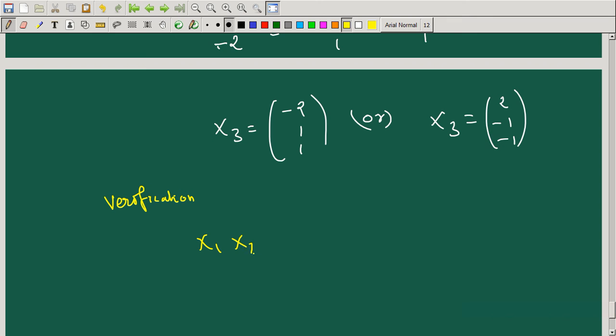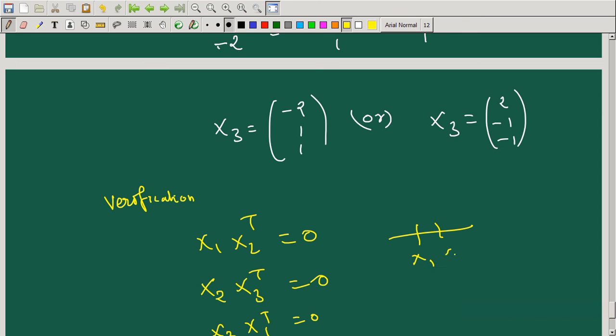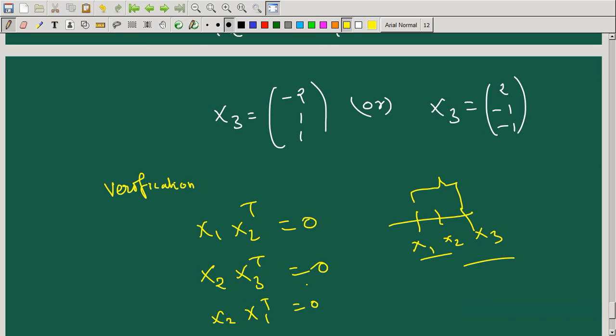That is, x1 into x2 transpose is equal to 0, x2 into x3 transpose is equal to 0, and x1 into x3 transpose is equal to 0. Check any two conditions. So you can do verification in your exam.